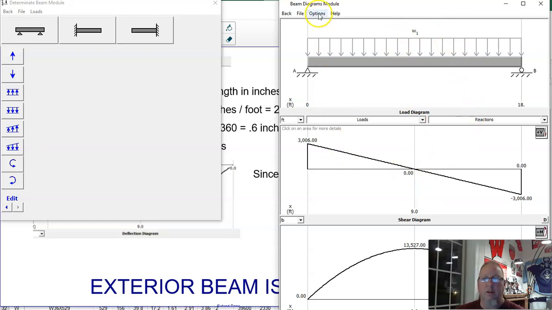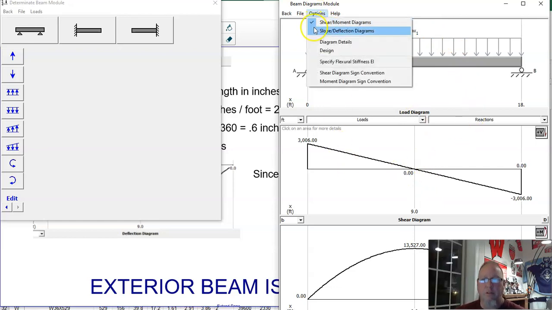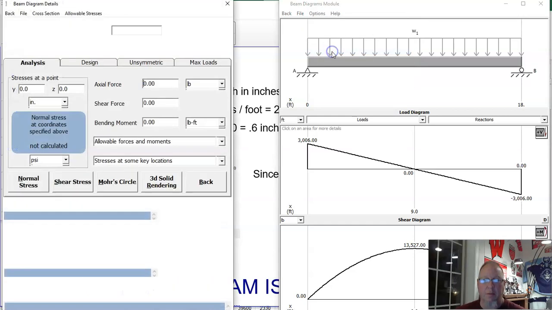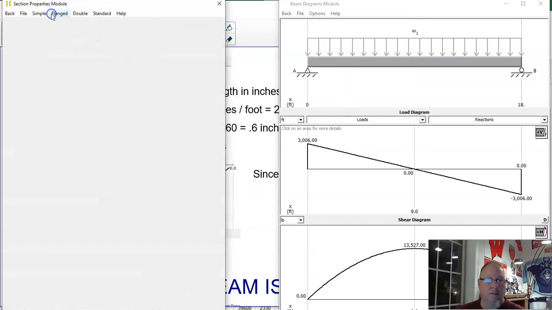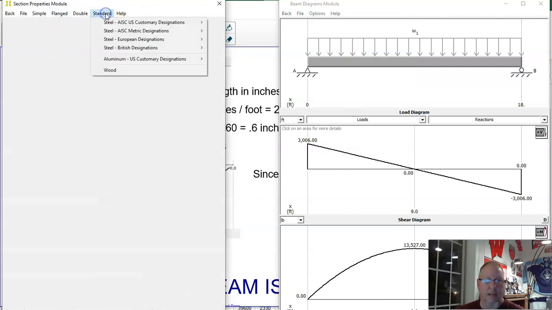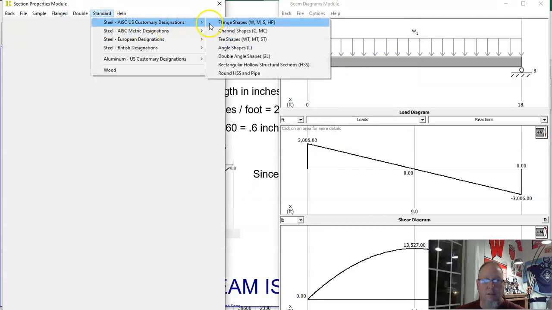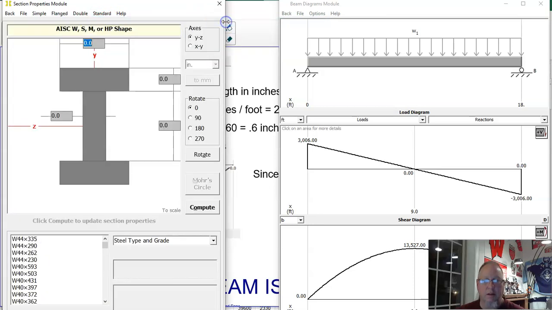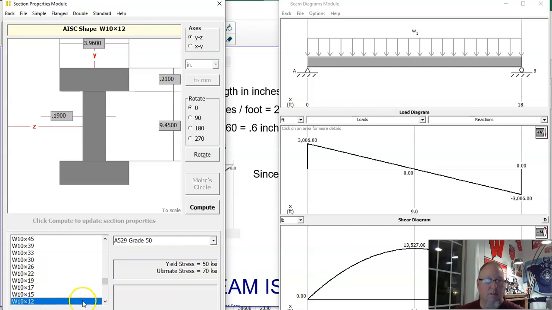So once again, I'm going to go up to Options, Design, because I'm designing my beam, Cross Section, Standard, Steel, W-beam, click, select my grade as A529 grade 50, go down and select the beam that I need, which is the 10 by 12.